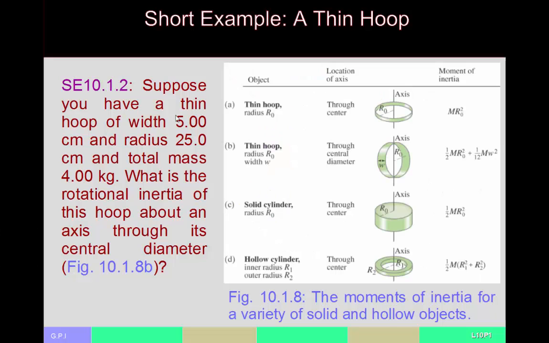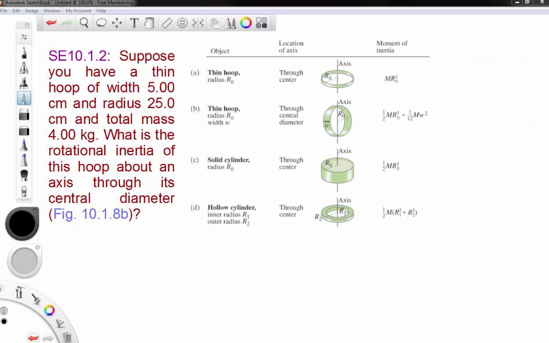Another example gives us a thin hoop with some width and some radius and some mass, and the question is, what is the moment of inertia of this hoop? Now, you may be tempted to look at this and say, oh, okay, we're talking about this hoop right here, and the moment of inertia is I equals mr squared.